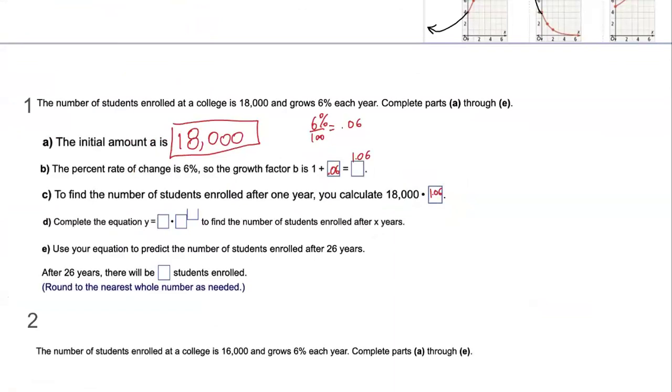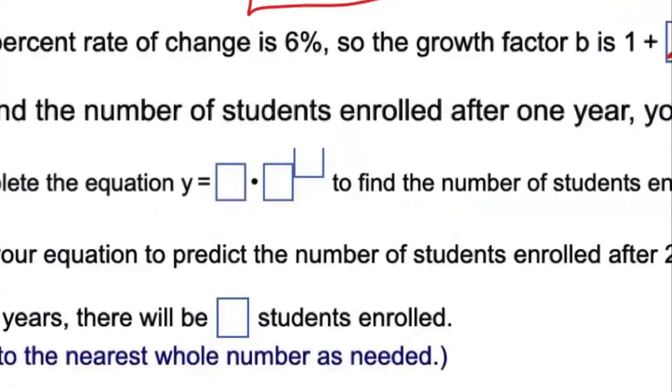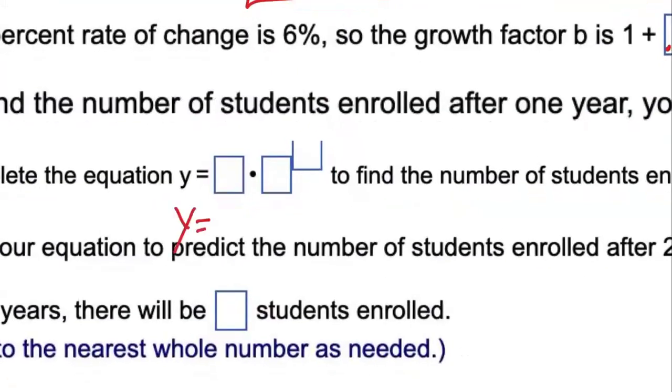To complete the equation, y equals blank times blank to the power of blank, to find the number of students enrolled after x years, it's going to be 18,000, what you started with, your growth factor, 1.06, to the power of a variable. In this case, the variable is x, and x represents the number of years. So it'll just be 18,000 times 1.06 to the power of however many years you're trying to find.